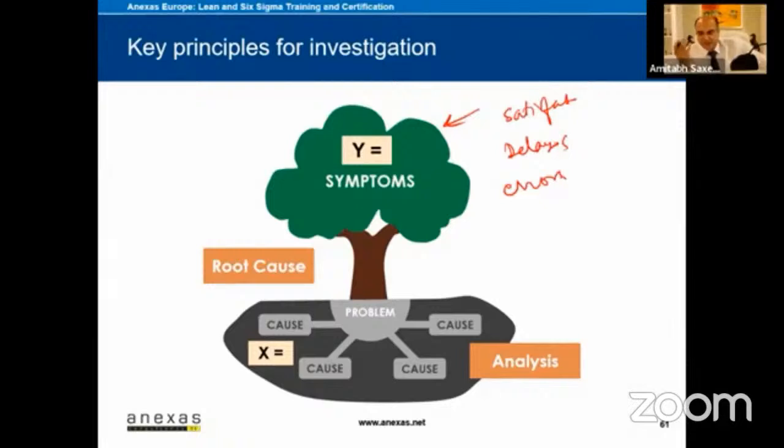I tell the doctor I'm having fever. The doctor doesn't treat the symptom. And the doctor also believes you can't improve if you cannot measure. So what he does, he measures the CTQ. For me, in this case, the CTQ, critical to quality characteristic, or the measure, is our temperature.